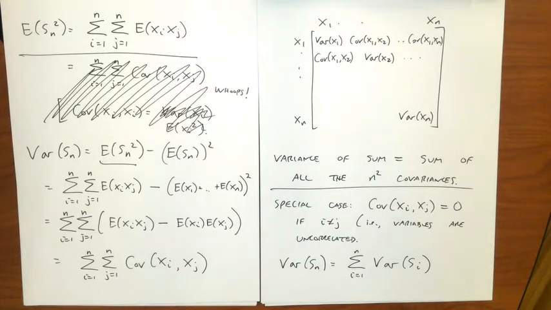Certainly if they're uncorrelated, then life is easy. And of course we know that independent implies uncorrelated, so this also applies if the variables are all independent. Then I just have the sum of the variances. All right, so questions about this?